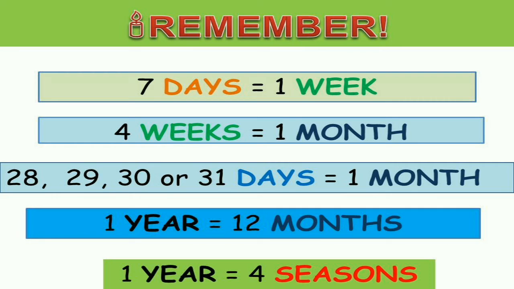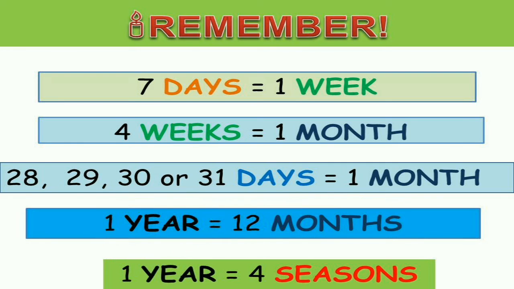And 1 year is equal to 12 months. So January, February, March, April, May, June, July, August, September, October, November and December. These are 12 months, and 12 months means 1 year.